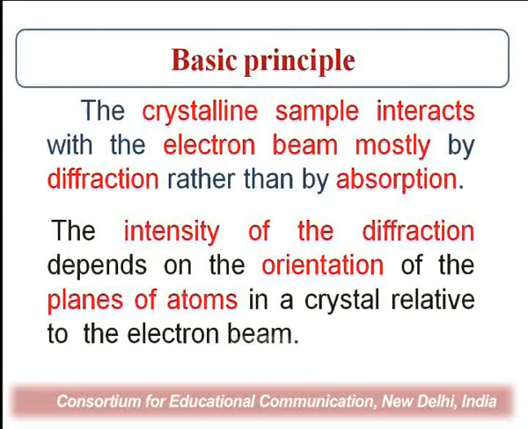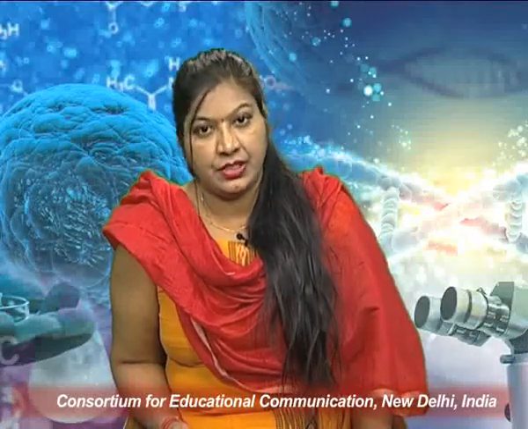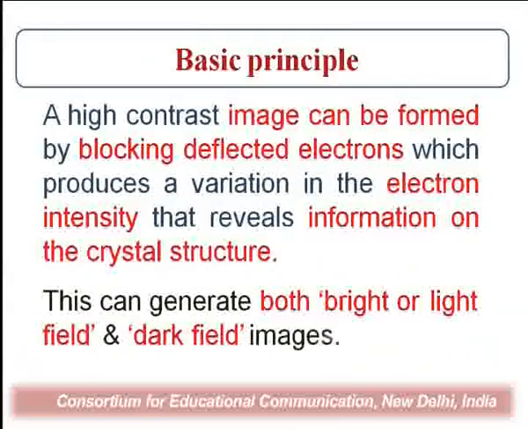Next, the intensity of the diffraction depends upon the orientation of the plane of atoms in the crystal relative to the electron beam. This means the deflection depends upon the orientation of the planes of the atoms. Next, a high contrast image can be formed. How can it be formed?